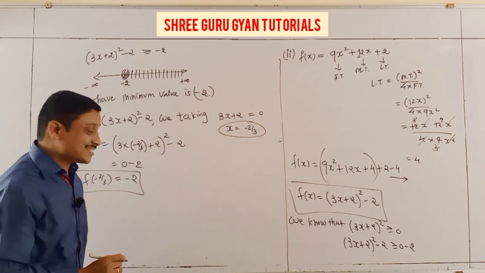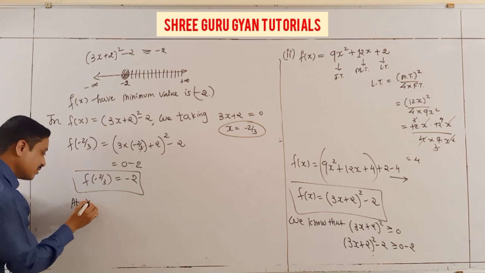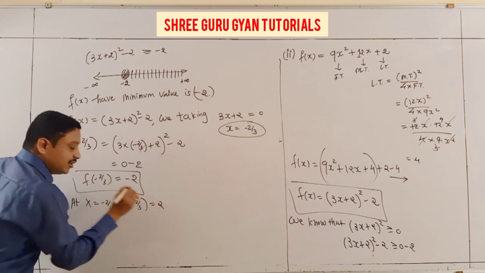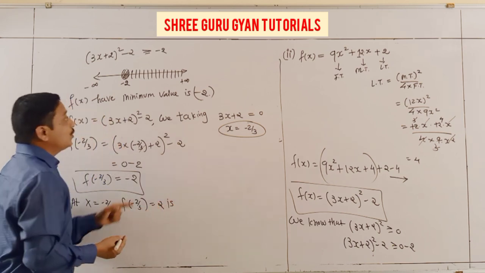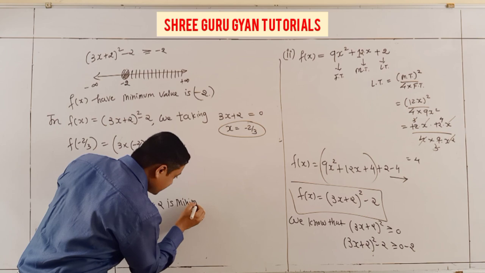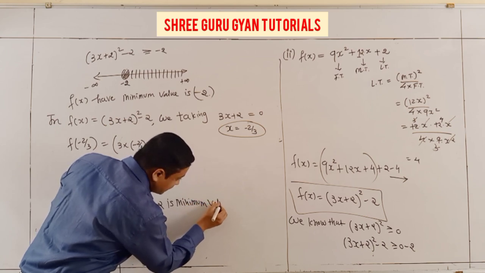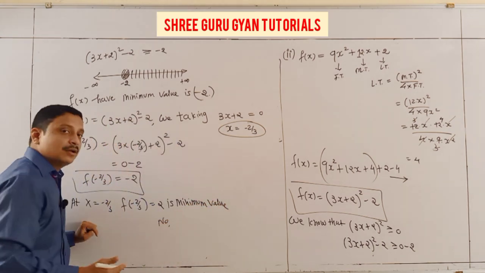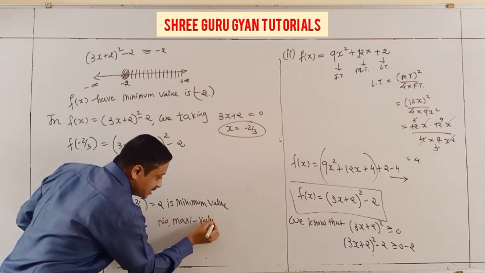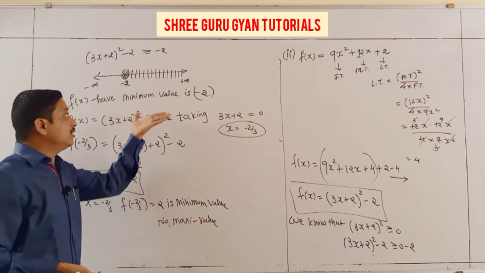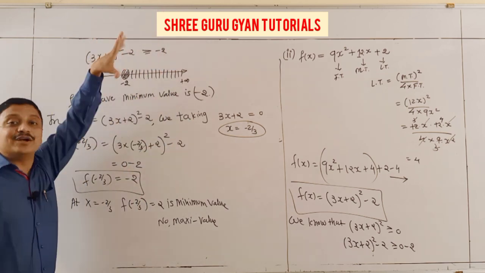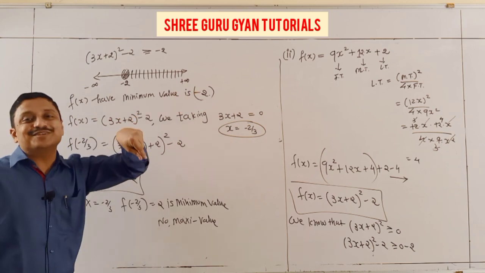So last I say x is equal to minus 2 third, f of minus 2 by 3 equals minus 2, which is the minimum value. And here there is no maximum value, because up to where it goes is unknown. That's why I draw properly here. Students, the second question is also finished.